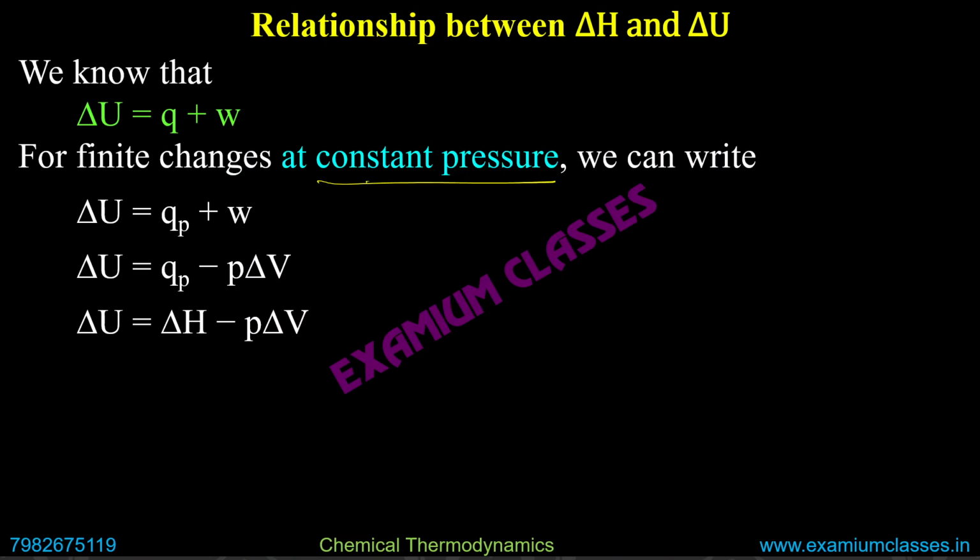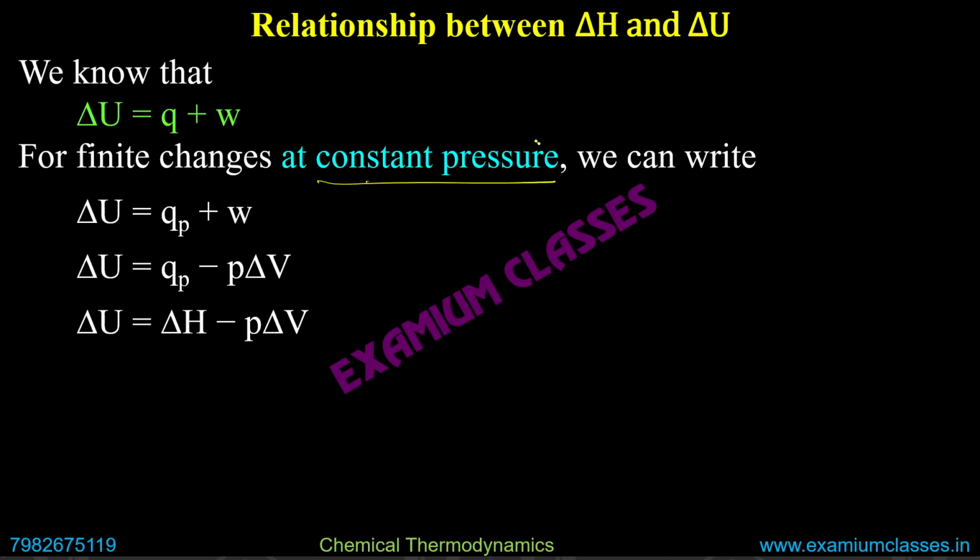It means delta U can be written, remember at constant pressure, as QP, that is delta H, minus P delta V. Why does delta U come into the picture? Delta U comes into the picture because some work is also being done apart from heat transfer.